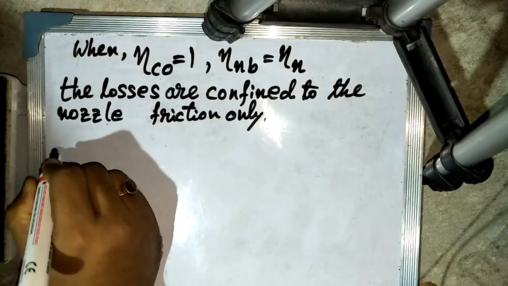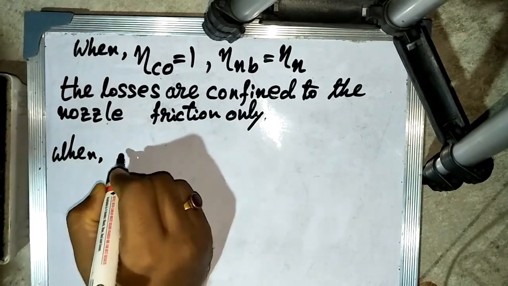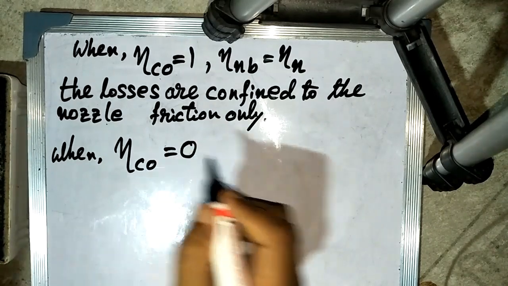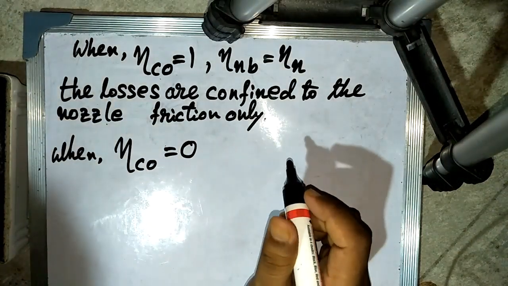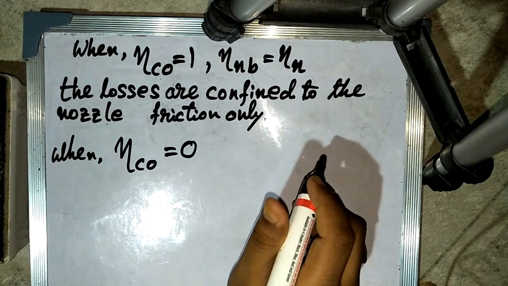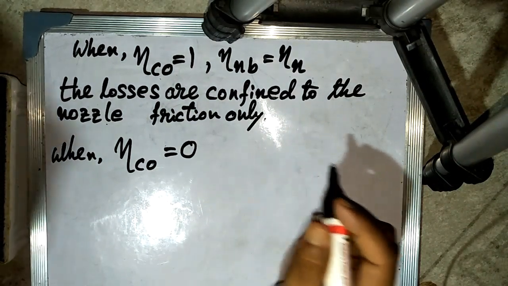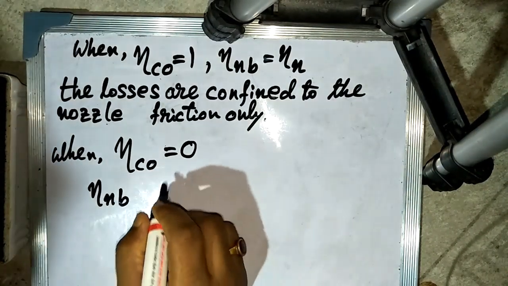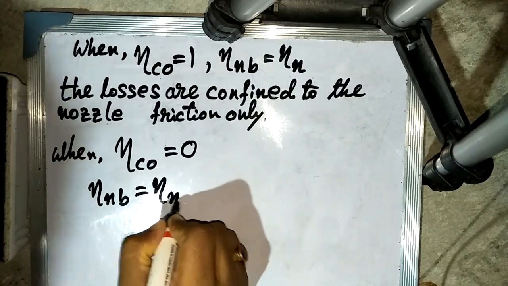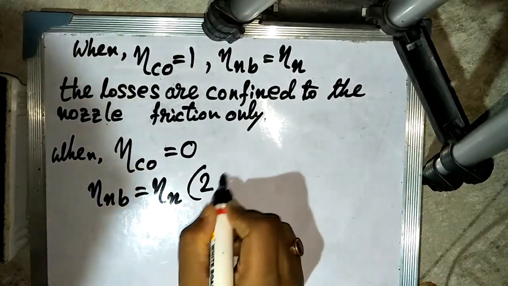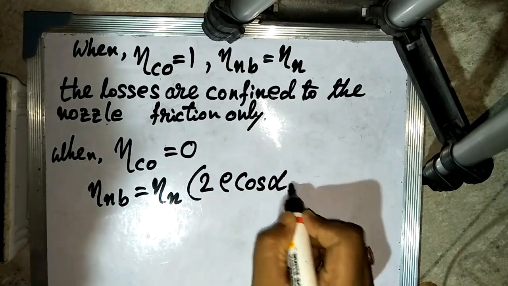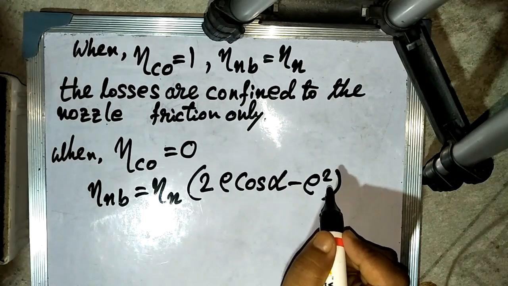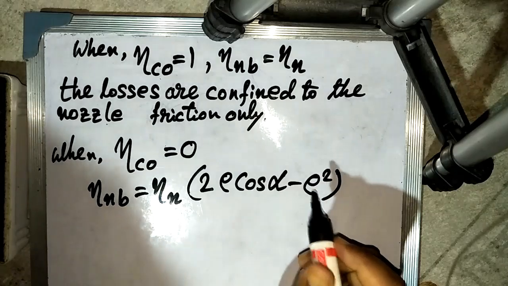And when the carryover efficiency, that is eta co, is 0, that means no carryover of kinetic energy to the next stage, that means velocity of approach is 0, we can write that eta nb is equal to eta n into 2 rho cos alpha minus rho square, which is the efficiency of a single row of blades.